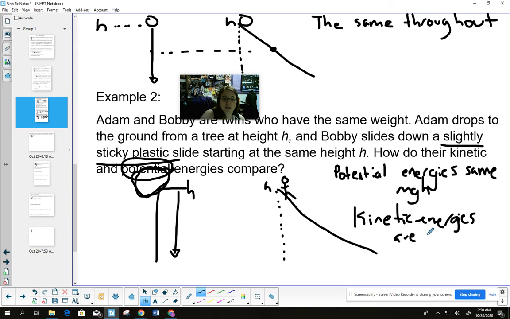The kinetic energies are different because, once again, kinetic energy is 1/2 mass times velocity, speed, squared, and friction is going to impact this. And so the kinetic energy is going to end up being a little bit different.